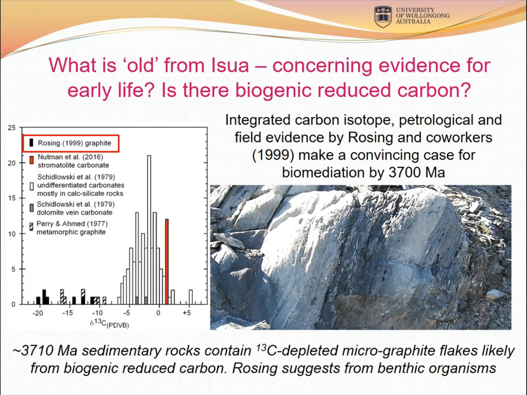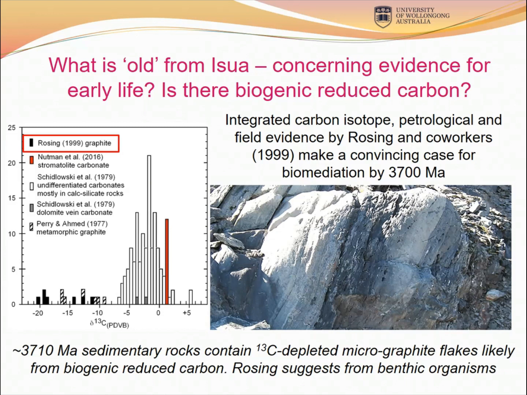Okay, and this is taken as an indication of biomediation. What happens is that the organisms, when they die, go to the seafloor, metamorphose, and the reduced carbon in them eventually ends up as graphite with this isotopically very light signature. So that's shown for the reduced carbon, black, on that graph on the left there, isotopically very light.